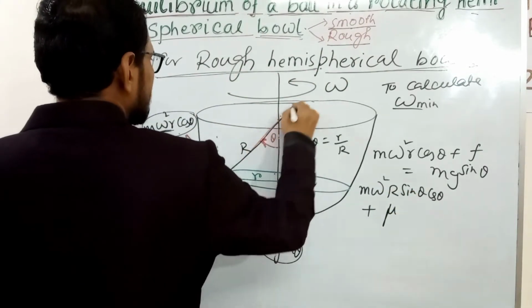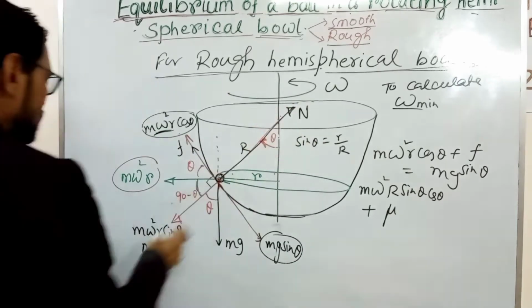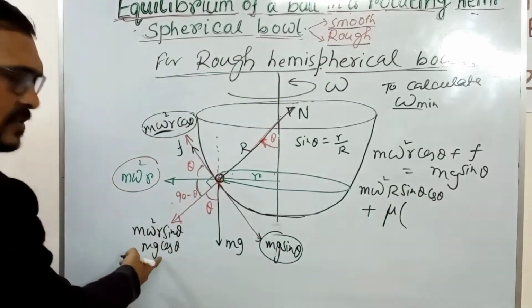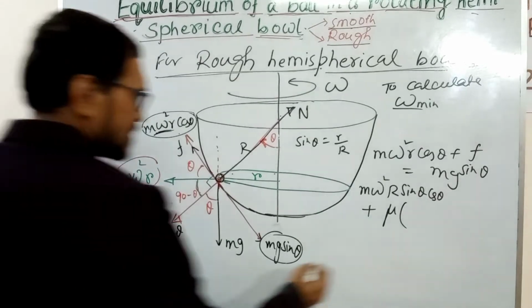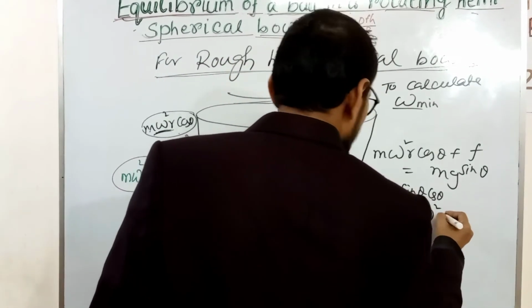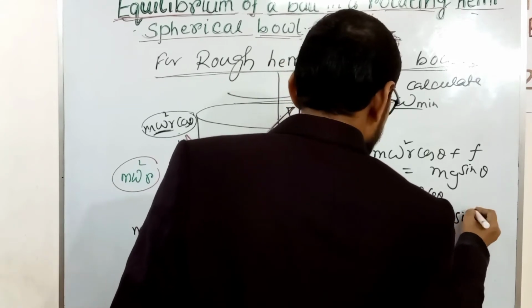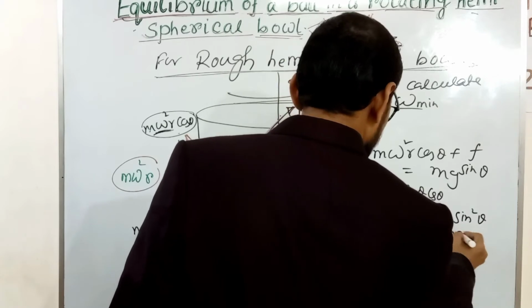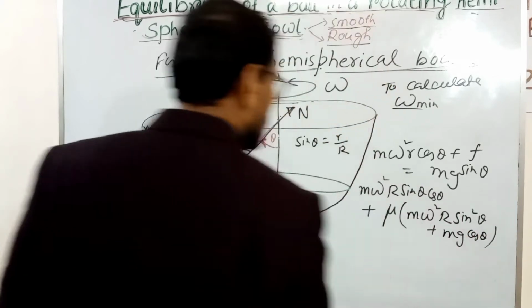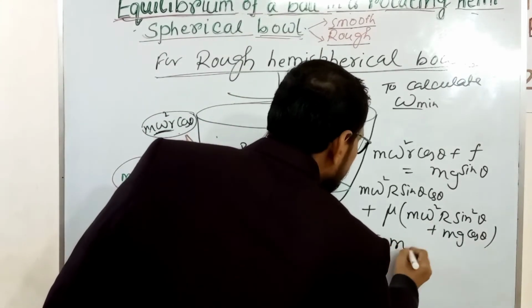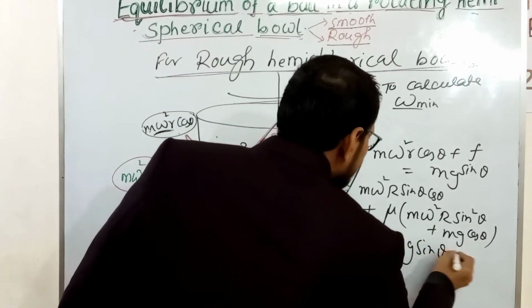The normal acts in this direction, so the normal will be this plus this, mu into N equals this plus this: m omega square R sin square theta plus mg cos theta. So this normal is equal to mg sin theta.